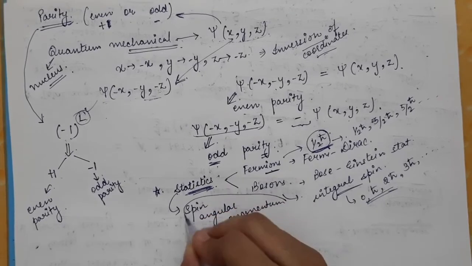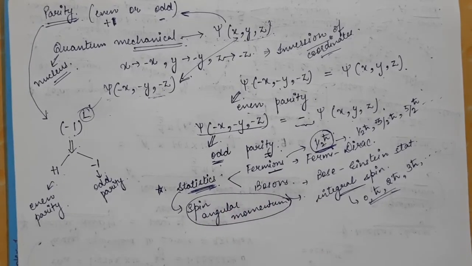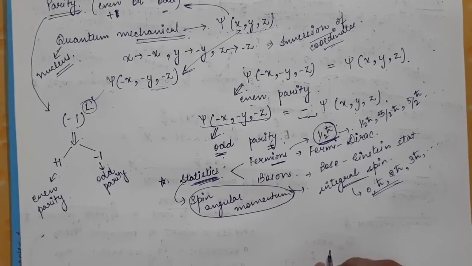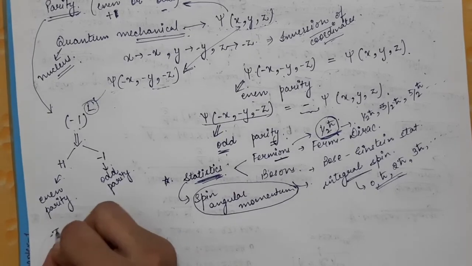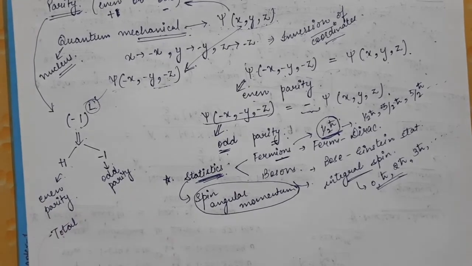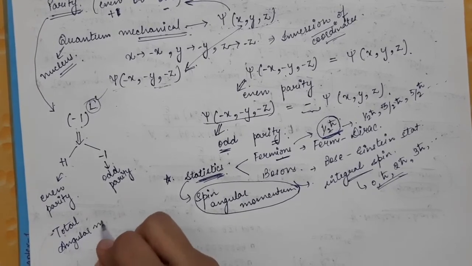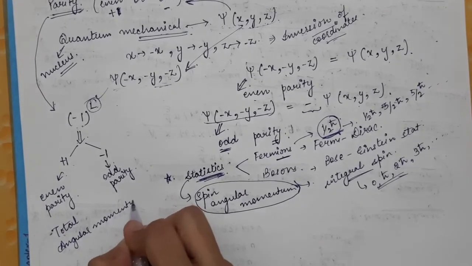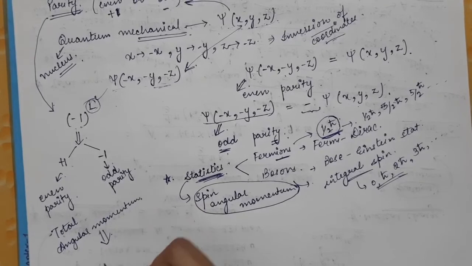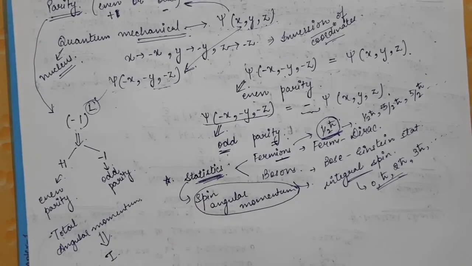Now there is a little information: the total angular momentum of the nucleus is written by capital I vector.